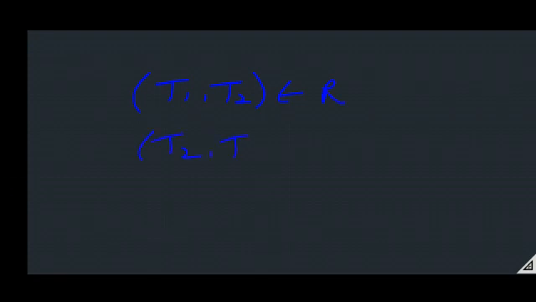Now for transitivity, let us do it. If I have (T1, T2) belongs to R, and then I have (T2, T3) belongs to R. Now you know, if T1 is congruent to T2 and T2 is congruent to T3, so definitely I will get that T3 is congruent to T1.